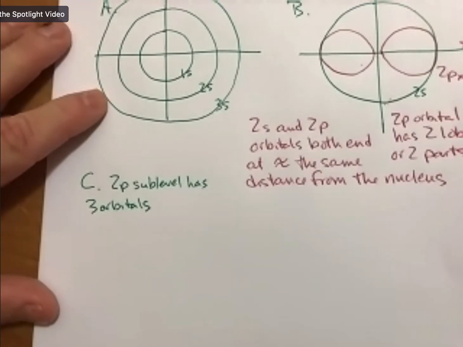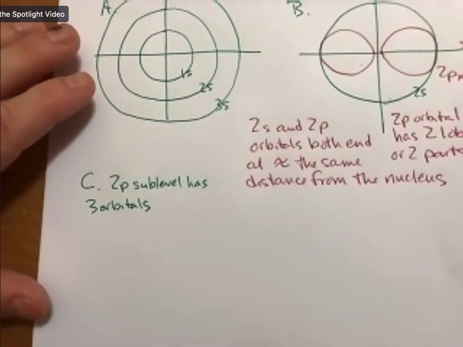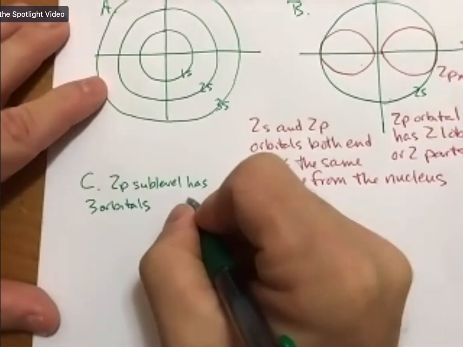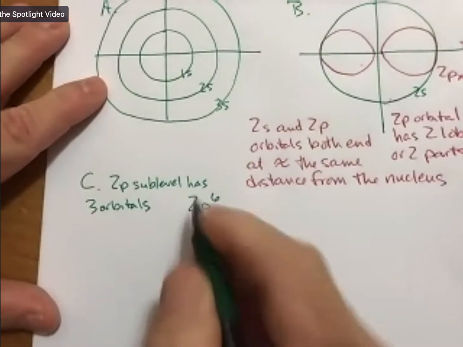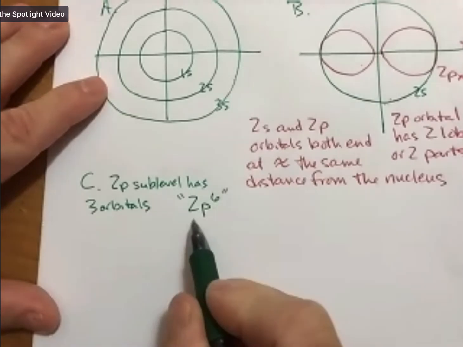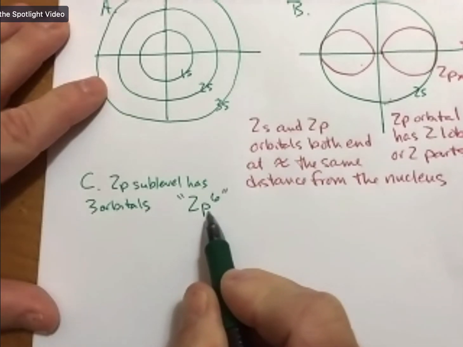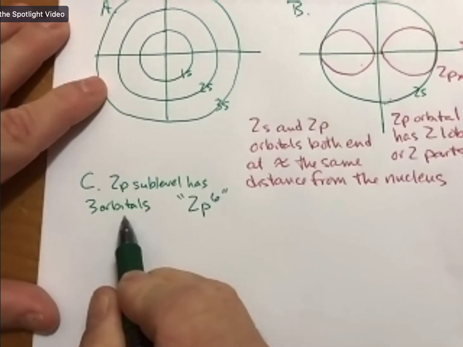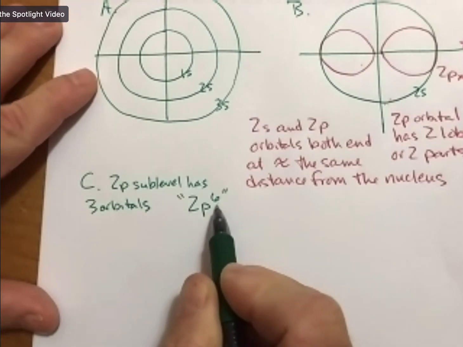And when we do our electron configurations, we'll actually write 2p6. That'll be the 2p sublevel with 3 orbitals, each orbital holding 2 electrons for a max of 6 electrons.